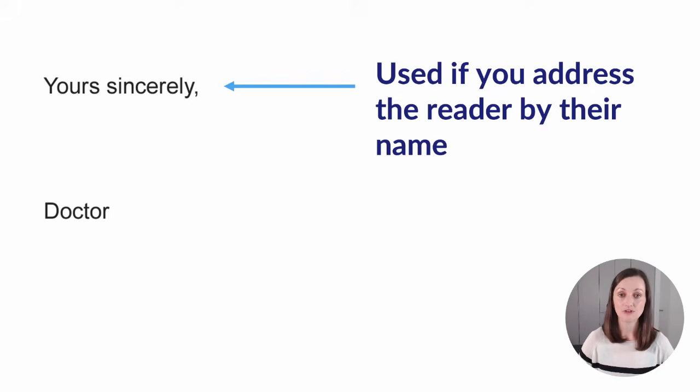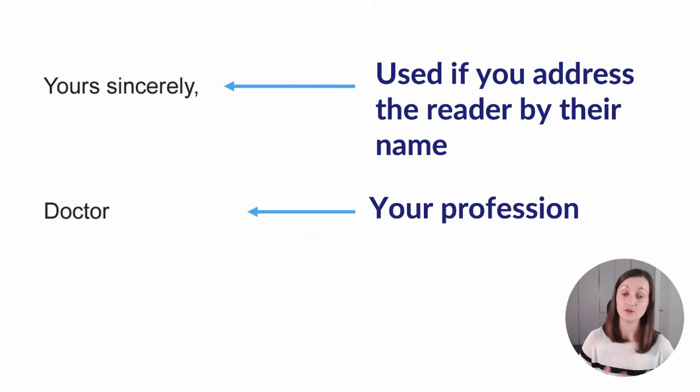So if you write Dear Dr. Smith, for example, you use yours sincerely. If you've just written Dear Doctor because you don't know their name, you use yours faithfully. So keep that in mind the next time you write your letter, and you can simply end it with your profession, which is doctor. So there we have it, a perfect example of a grade A letter for the OET writing test.